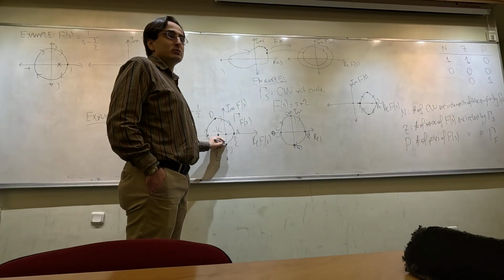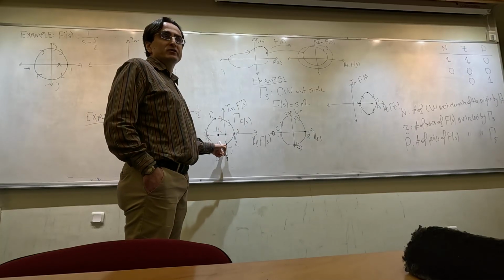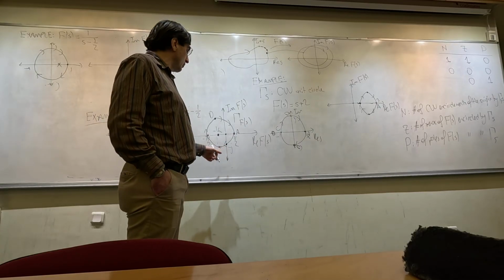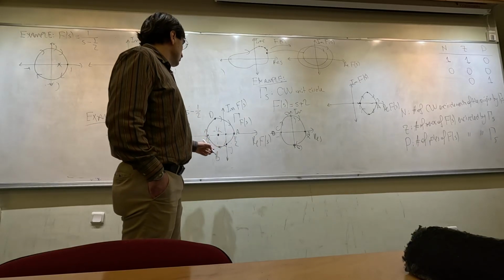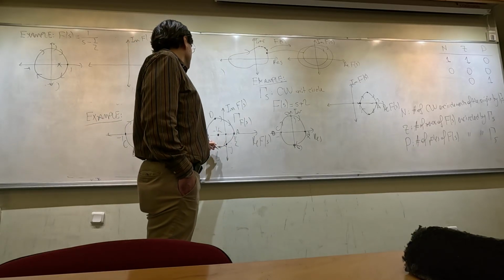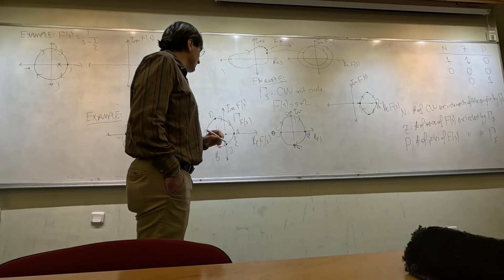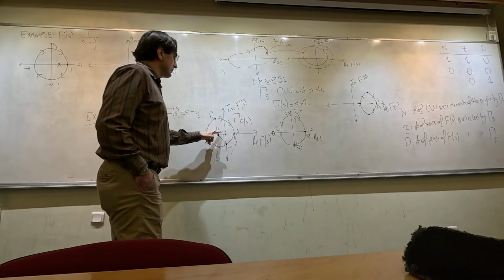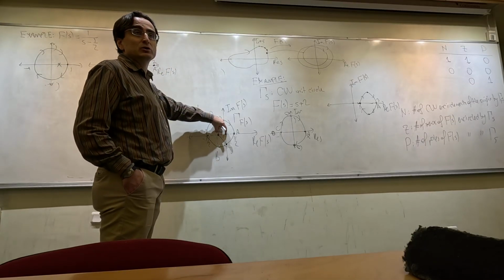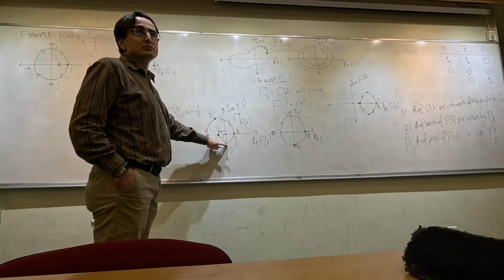I'm going to look at this point. Can we find the coordinates of this point? Its real part is 0. What about its imaginary part? So here the radius of this circle is actually 1. Okay? And the real part here, the distance here is 1 over 2. Okay? Then what can you say about this point?